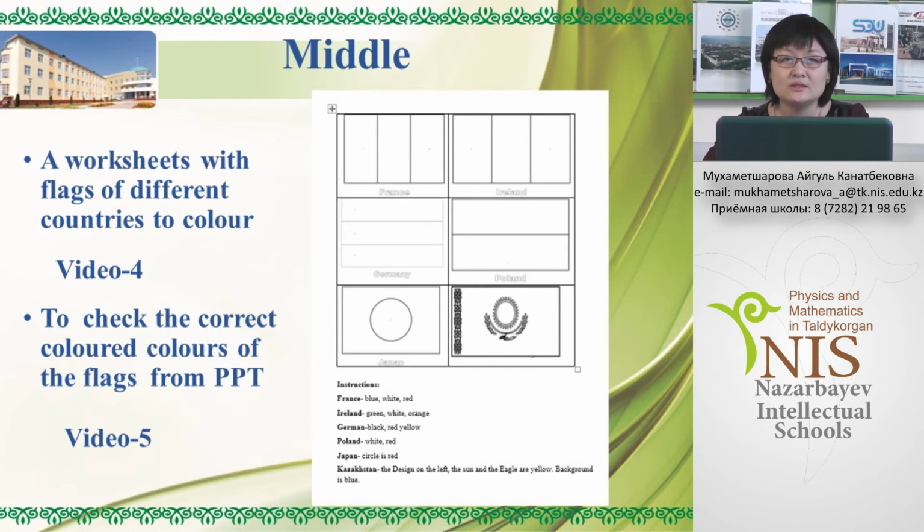While doing the exercise of coloring the flags, maybe you noticed from the video that I used a video. First of all, I used a video in order to have a concrete limit of time. When the video started, students started to work. When the video finished, I asked students to stop coloring.